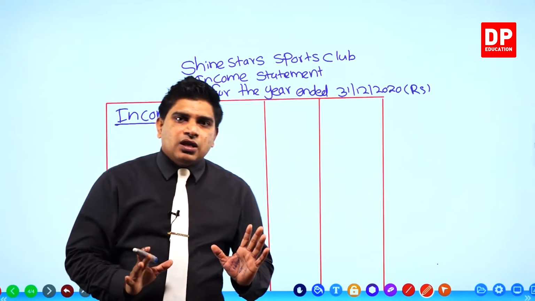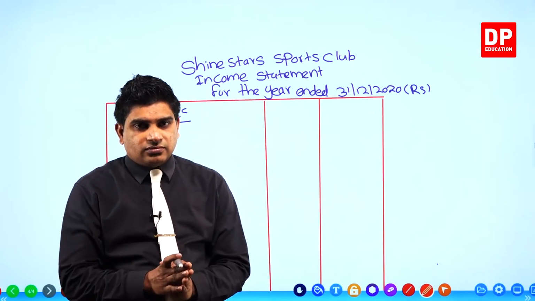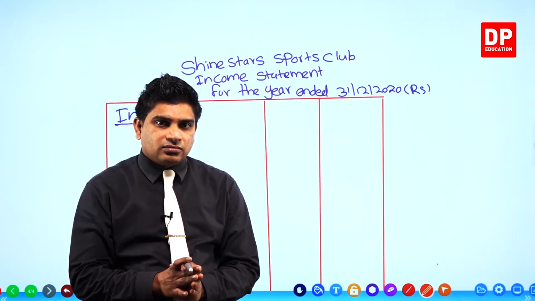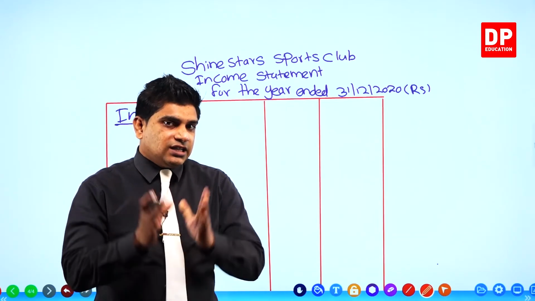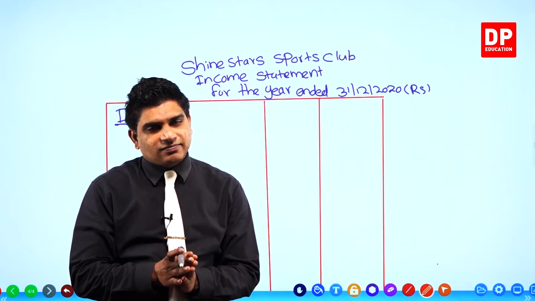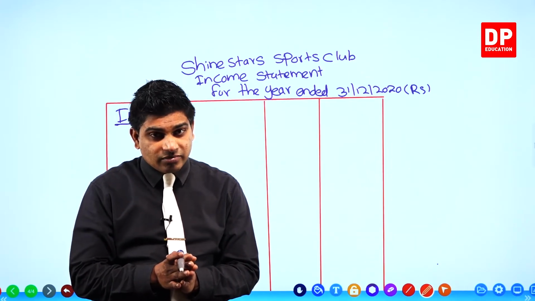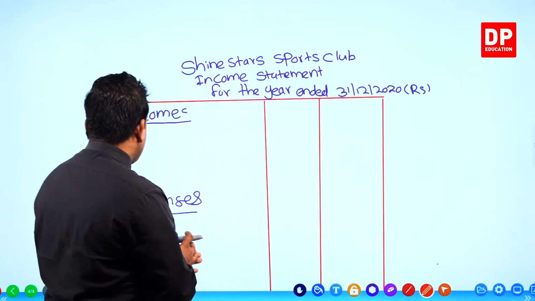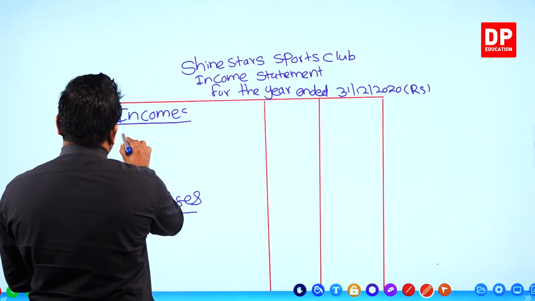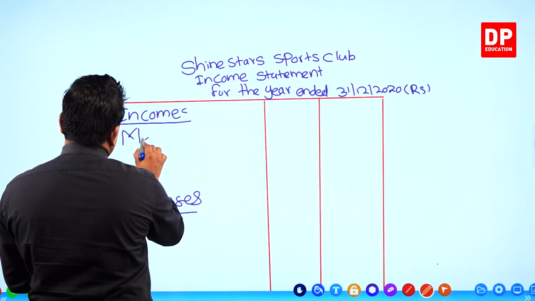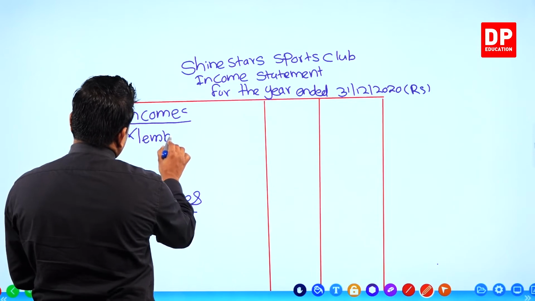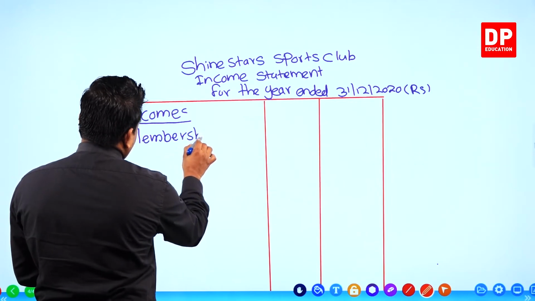Membership fees. Decide whether it's an income or expense. Income. We write membership fees here.